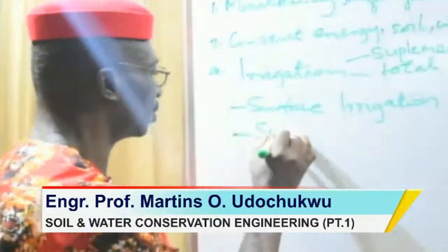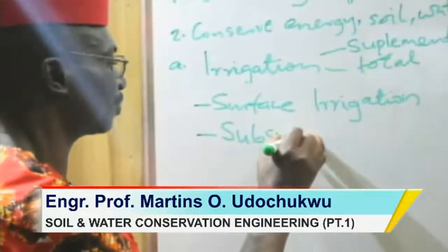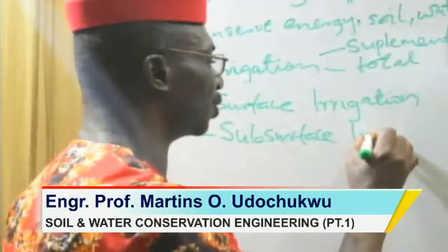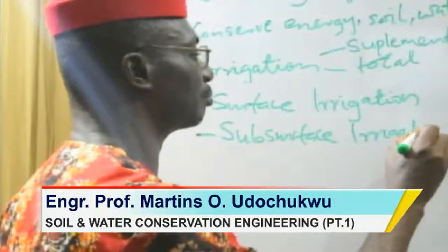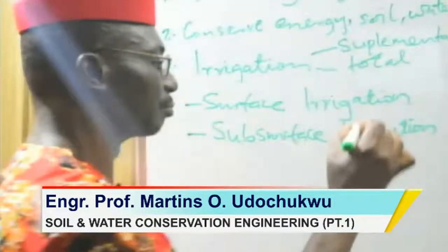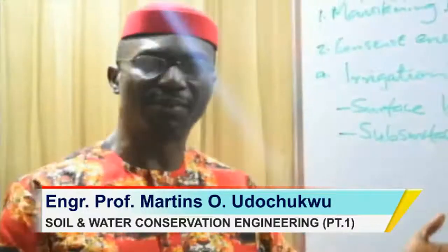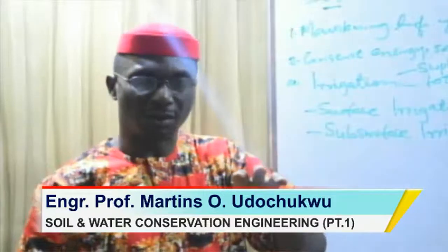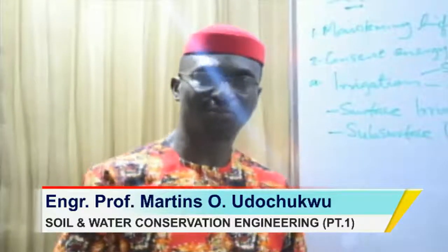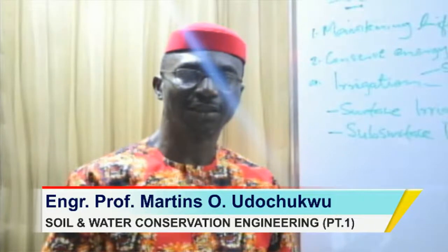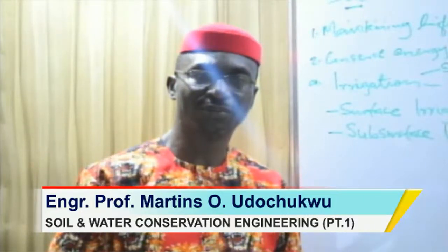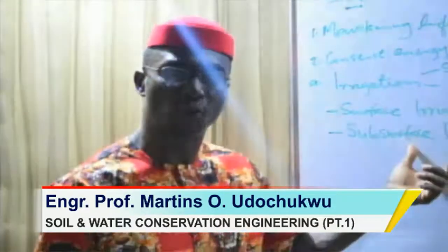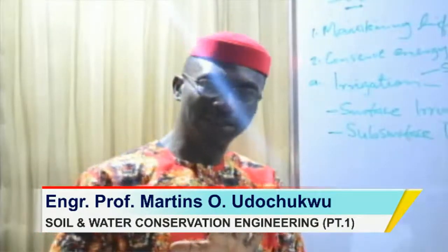Then the second is also subsurface. You have subsurface irrigation. As the name implies, subsurface, the water that supplies the needed moisture comes from underground. In this subsurface, it could be natural and it could be man-made.